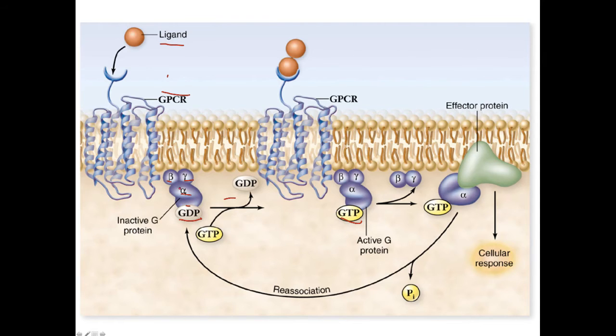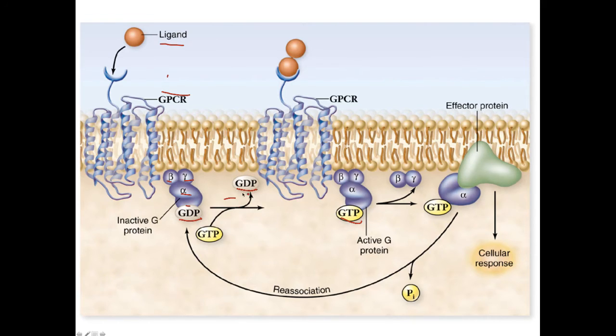But when it becomes activated by a conformational change in the G protein coupled receptor, which is caused in turn by binding of ligand, the alpha subunit of the G protein releases guanosine diphosphate and binds guanosine triphosphate.